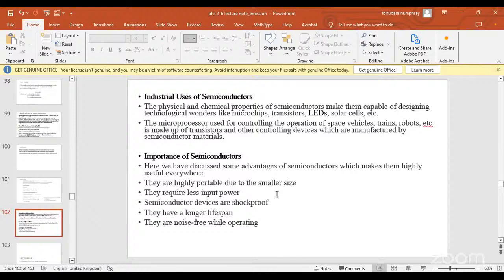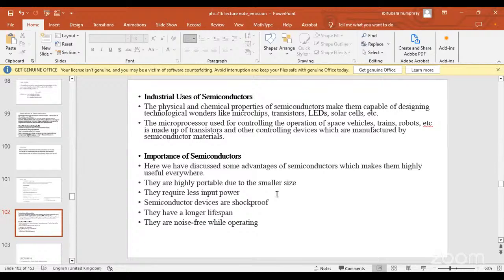Then we have the importance of semiconductors. They are highly portable due to the smaller size. They require less input power. They are shockproof. They have a long lifespan. They are noise-free while operating. So these are the advantages over the vacuum tube.